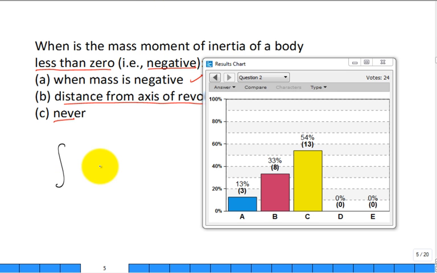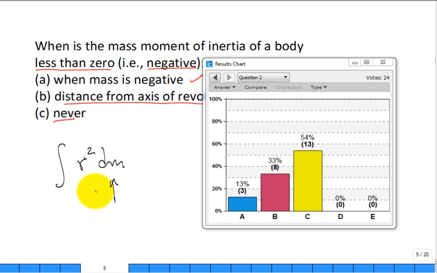If I do the integral of r squared dm, how many systems have negative mass that you know of? I mean, I can say it, but it doesn't make any sense. I'm not an astrophysicist with black holes or other things. We're pretty much Newtonian engineers. I know that sometimes we deal with nuclear, what happens in the nucleus when we're fissioning or fusing. We understand that, a huge release of heat, but negative mass makes no sense for an object.